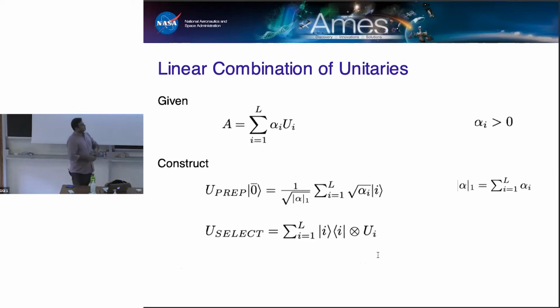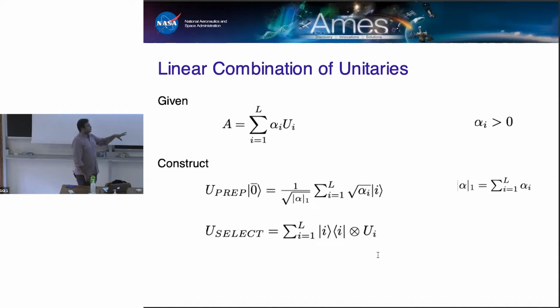Okay, so the prescription for LCU basically becomes that if we have some linear sum of these unitaries, we're going to assume that all the alpha i's are real and positive, which means that we've basically absorbed any phases into the definitions of the U_i's, okay?